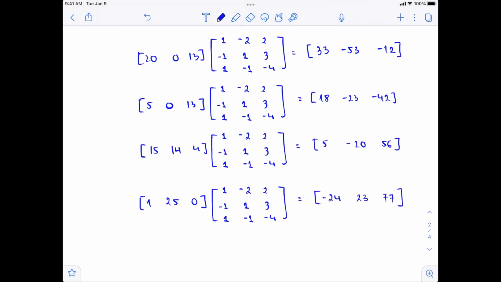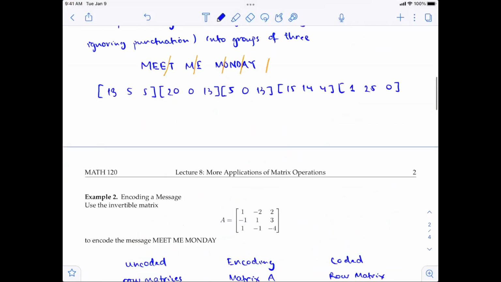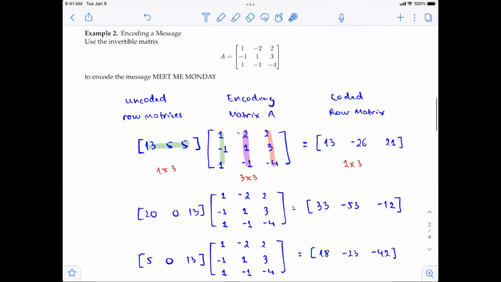So you have a message, and you break that message down into row matrices. And then you use a kind of key, or encoding matrix, to transform this message into coded row matrices.